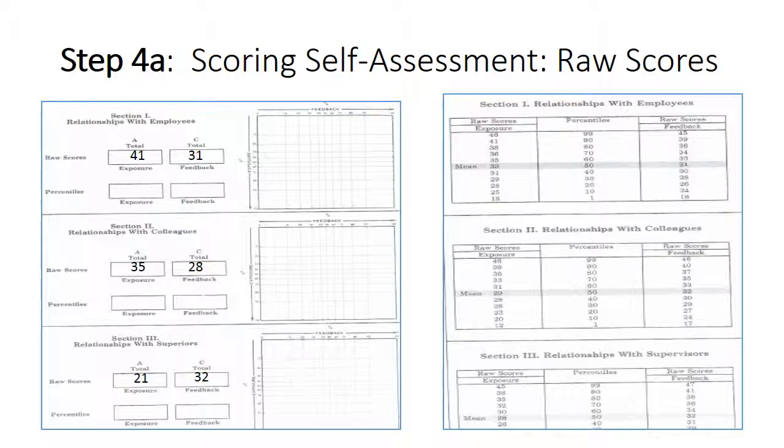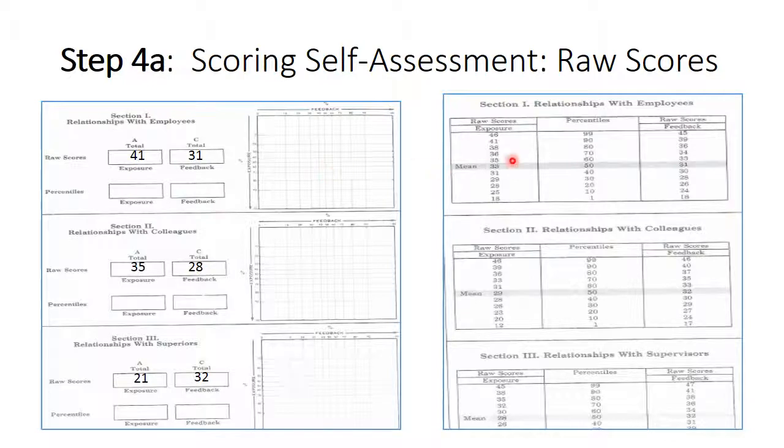Welcome back. In step 4A, what you have done is you have added up all of your raw scores for each section for the A boxes and the C boxes. And you've indicated those raw scores again for each section, A's and C's. So that's where you're at. We're now going to move to step 4B, which is taking these raw scores and translating them into percentiles.